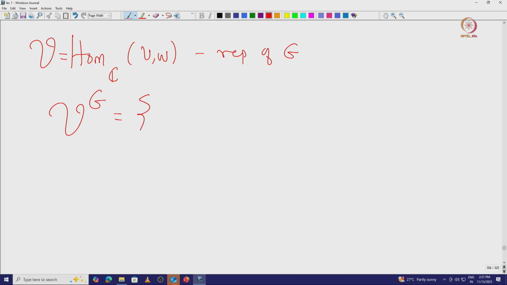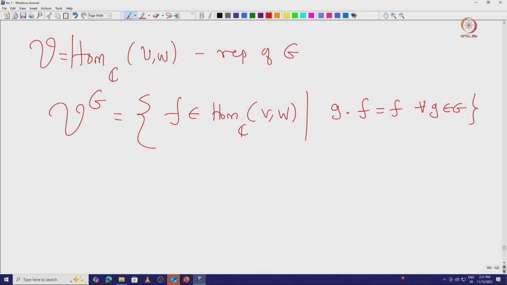Recall the definition of this fixed point subspace: you collect those elements from Hom(V, W) such that it is fixed by the action of G, for all elements g in G. Now let us try to understand what happens if we pick some element T from this fixed point subspace. Then T is in the fixed subspace if and only if g·T is equal to T for all g, but recall g·F is nothing but rho(g) F phi(g inverse).